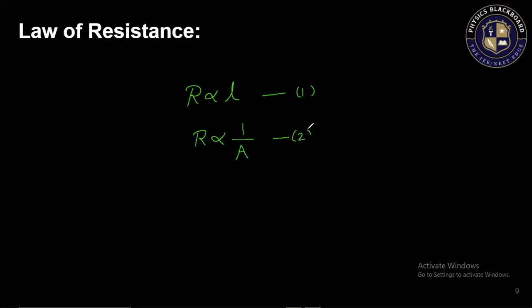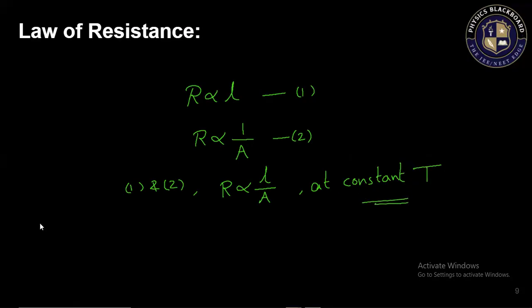Let's say this is equation 2. So from both equations 1 and 2, we can say R is proportional to L by A at constant temperature, at constant T. Okay. So this we call the law of resistance.